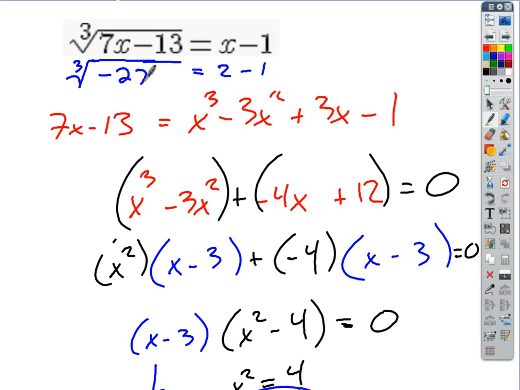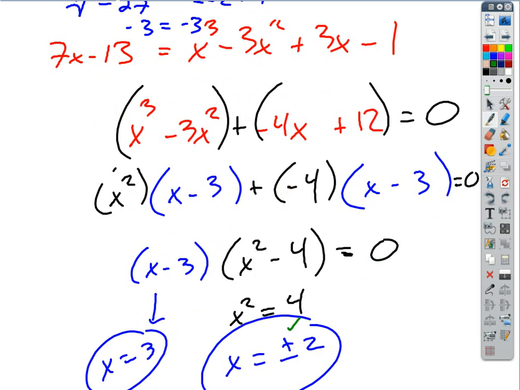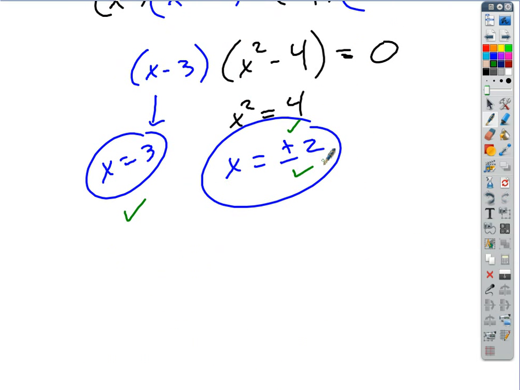What's the cube root of negative 27? Negative 3, right? Negative 3 times negative 3 is positive 9, times negative 3 is negative 27. So negative 3 equals negative 3. Check, they all work. So all 3 of those solutions work for us. Okay? Make sense? Yep.